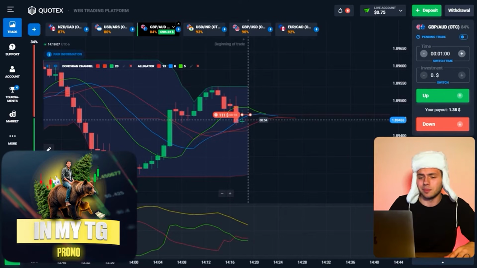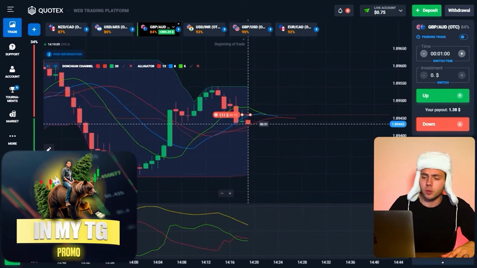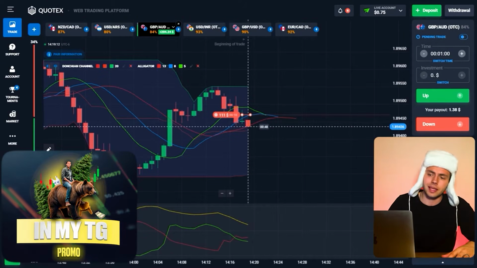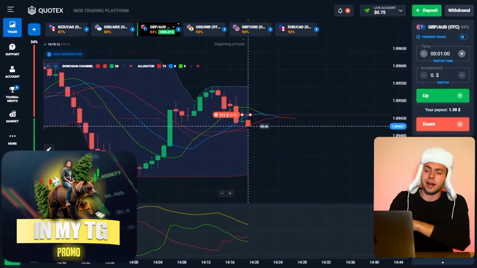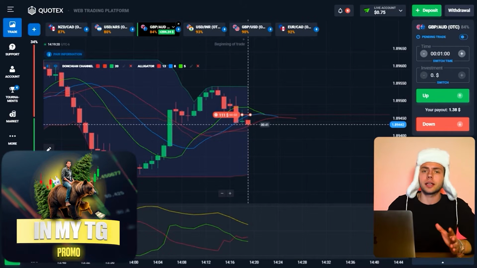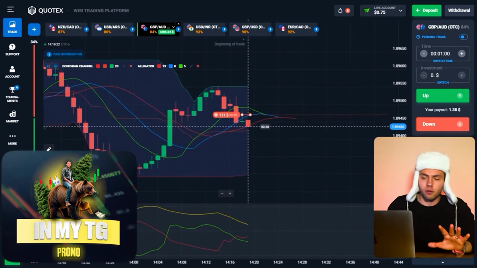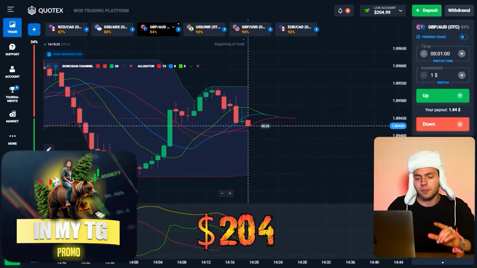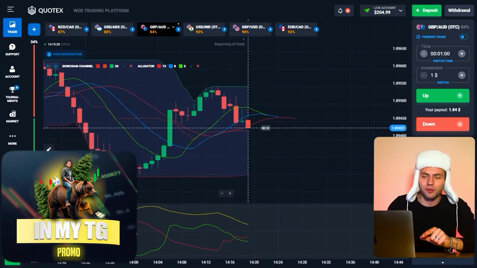It would not be smart. But in combination we can conclude that the price is gonna go down, and that is what is happening right in front of our eyes. By the way, the trade is closed at $204, not bad.